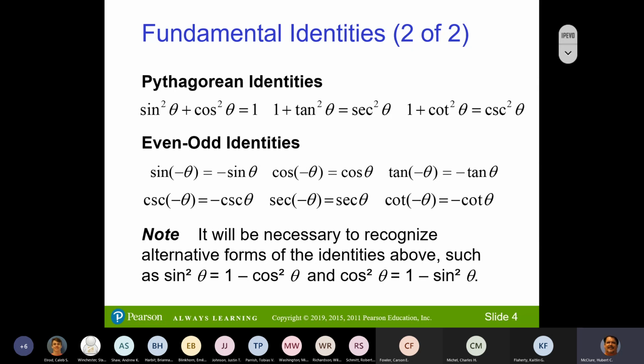Now, let me get a show of hands. And I want you to keep your hands up till I tell you to take them down. Give me a show of hands on how many people have been introduced or have seen trig identities before. Let me see how many. I want to see how many people in the class have seen identities before.